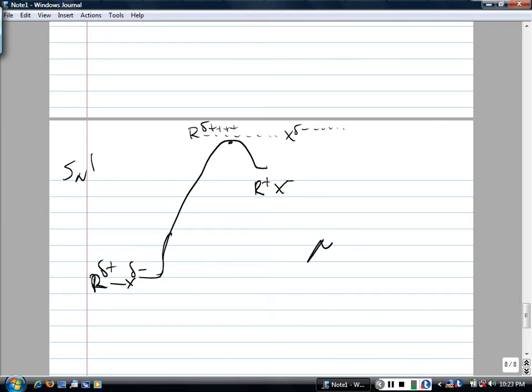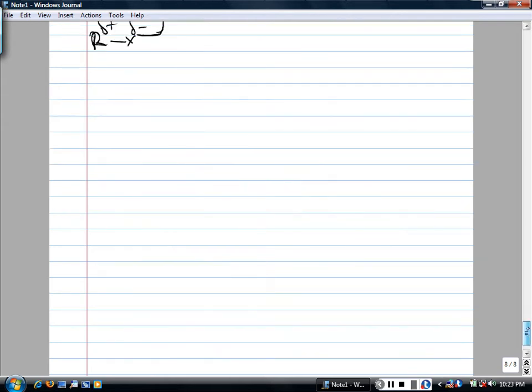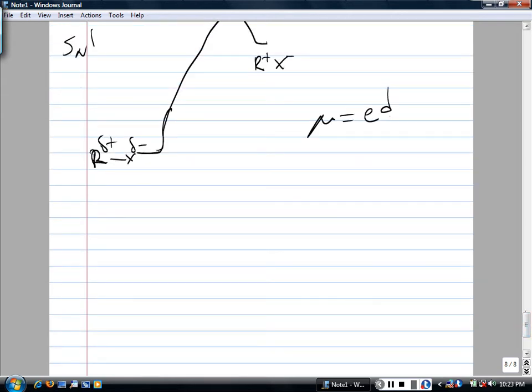What is polarity measured in? Polarity is mu, the size of the dipole times the bond length. The dipole is much bigger in the transition state. The bond length is much longer. So it's a no-brainer. The transition state is more polar than the ground state. That's the SN1 reaction. What about the SN2?